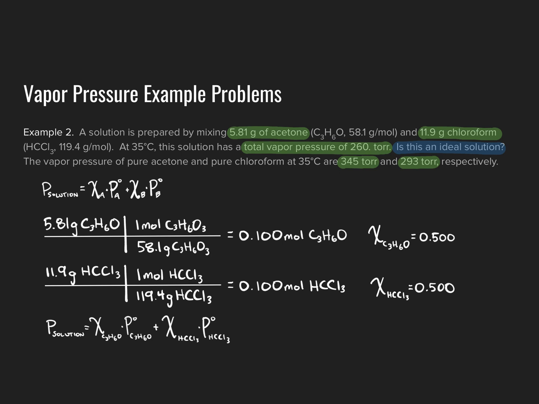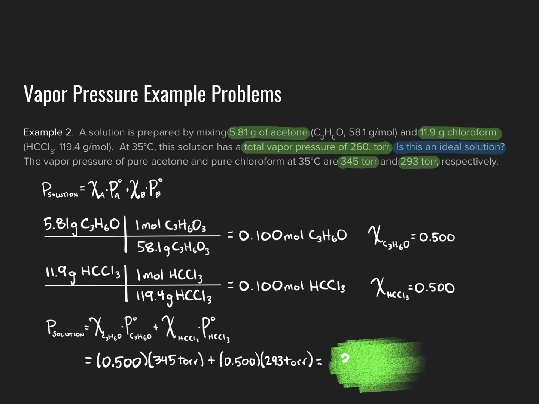Plugging in our values, 0.500 for the acetone, multiplied by the vapor pressure of pure acetone of 345 torr, plus 0.500 for the chloroform, multiplied by the vapor pressure of pure chloroform of 293 torr, yields an expected value of 319 torr for the vapor pressure of this solution.